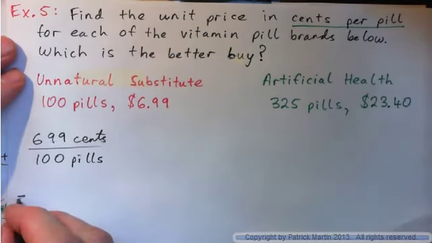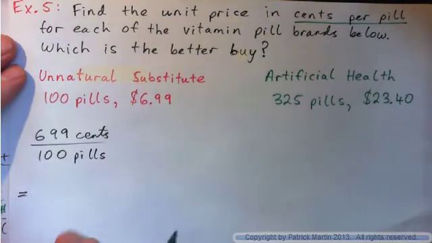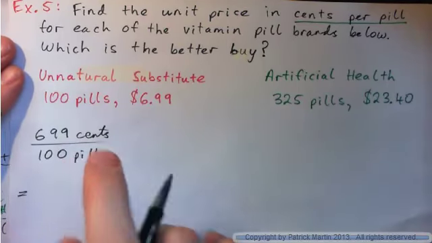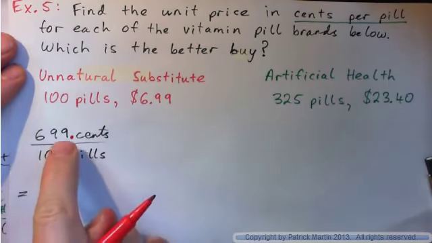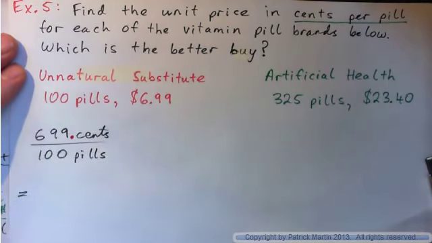Let's just go ahead and divide that directly and get it as a decimal. If I divide by 100, where's the decimal point going to go?